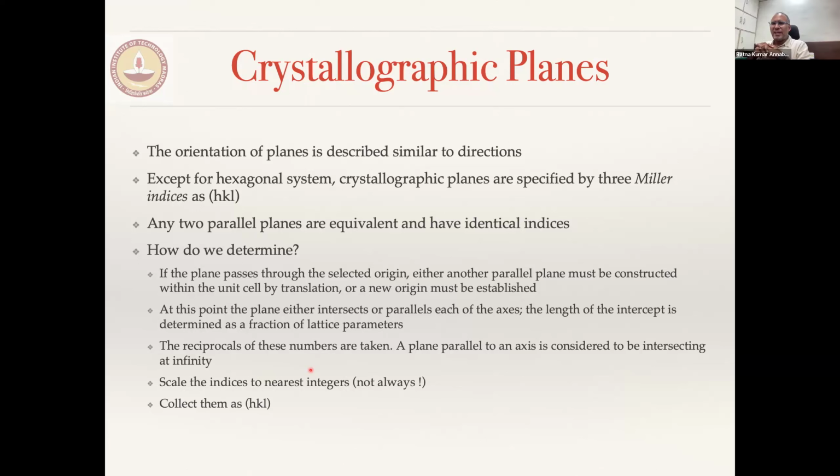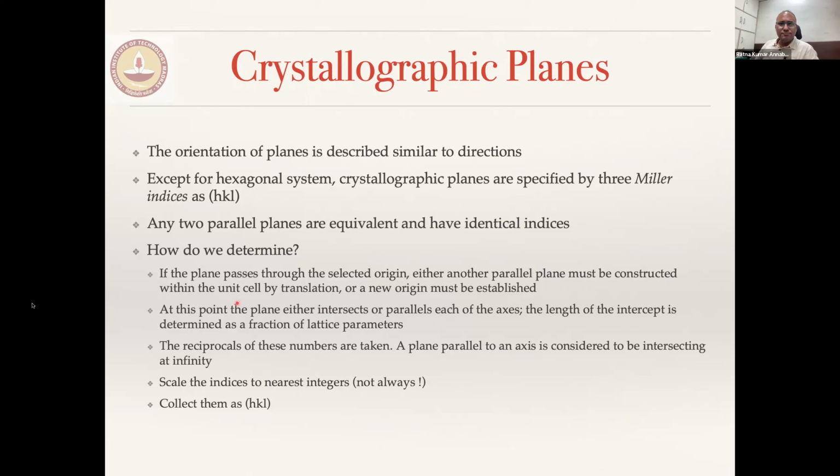The representation of a plane is a little bit more involved than points and directions. So I think we will discuss the representation of crystallographic planes in the next class, because we only have 4 minutes and it needs at least 10 to 15 minutes. Okay, so we'll discuss crystallographic planes in the next class.